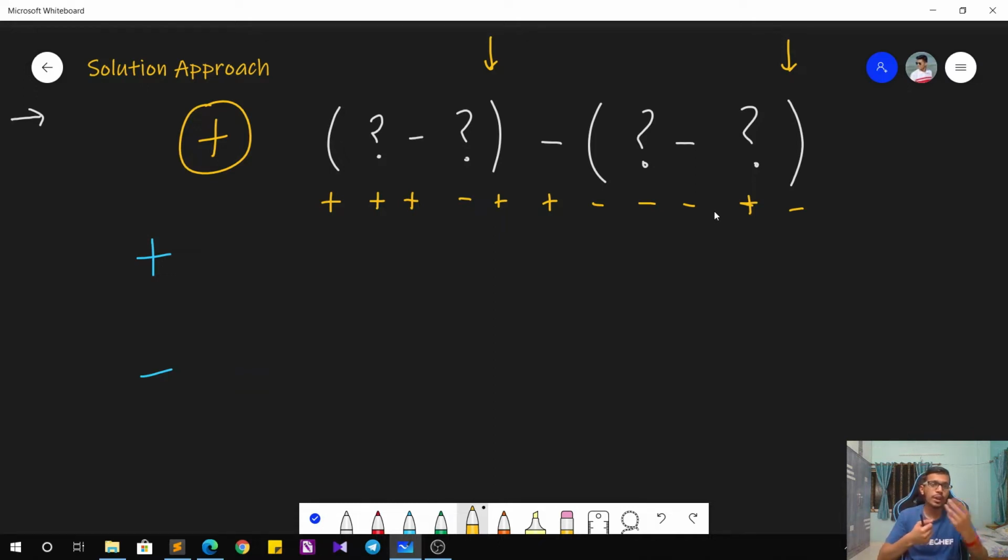How is it going to help me? It helps in the sense that I now know what element needs to be replaced by 1 and what element needs to be replaced by 0. The question marks can either be replaced by a 1 or a 0 as per the question.